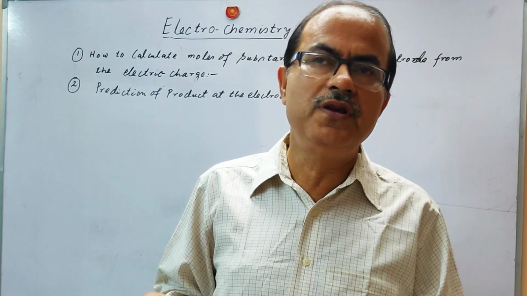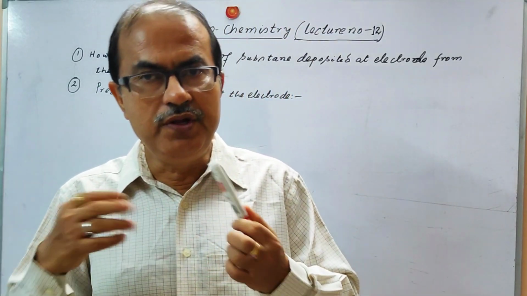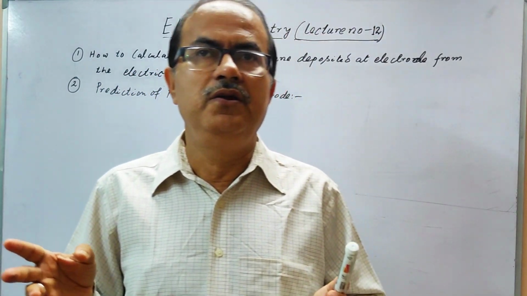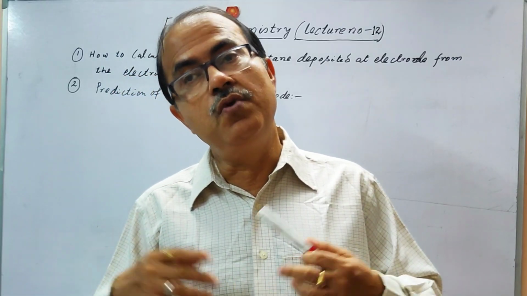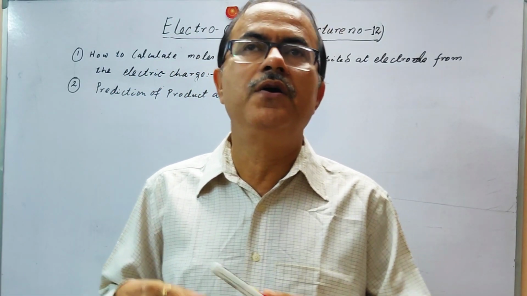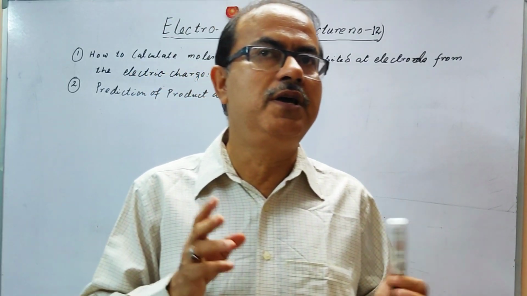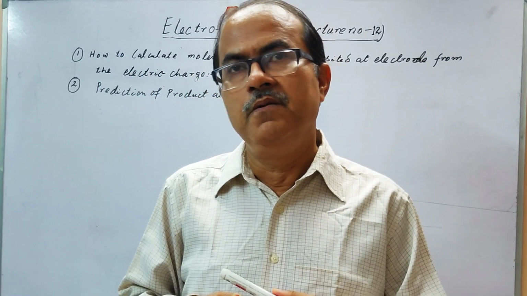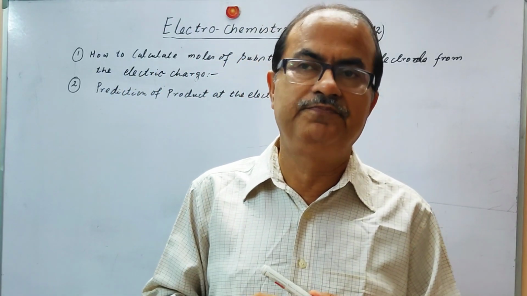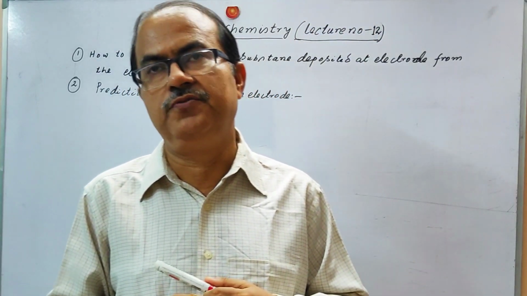But in the aqueous solution, along with the ions of the electrolyte, which furnish their own ions, there will be H plus ions and OH minus ions, also H2O molecules. So these are going to influence the product at the electrode.